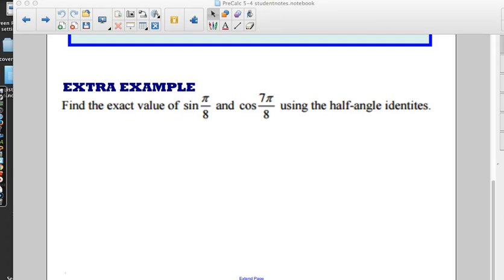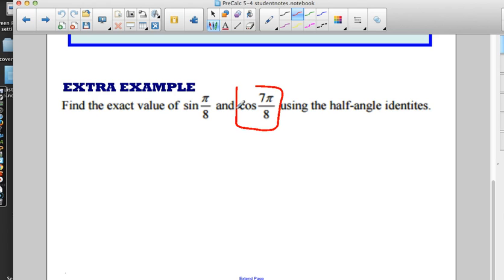So where we left off was right at this extra example, below the half angle identities. It just says extra example right after the half angle identities. And where we stopped was the cosine of 7 pi over 8. Didn't quite have enough time for that.